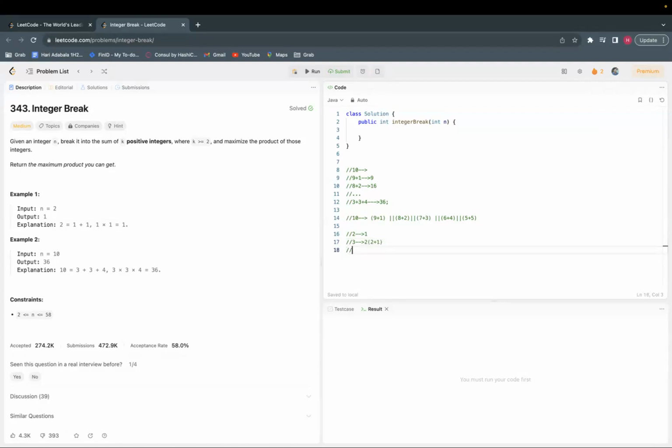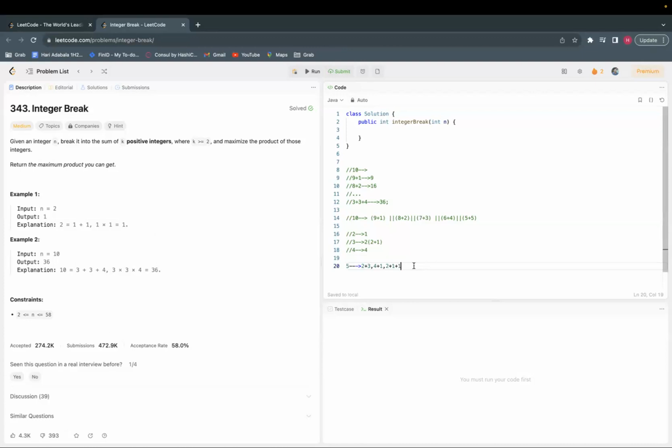For 4, the answer would be 2 plus 2, which is 4 again. Now 5, let's see. We can divide it like 2 plus 3, or 4 plus 1, or 2 plus 1 plus 1.